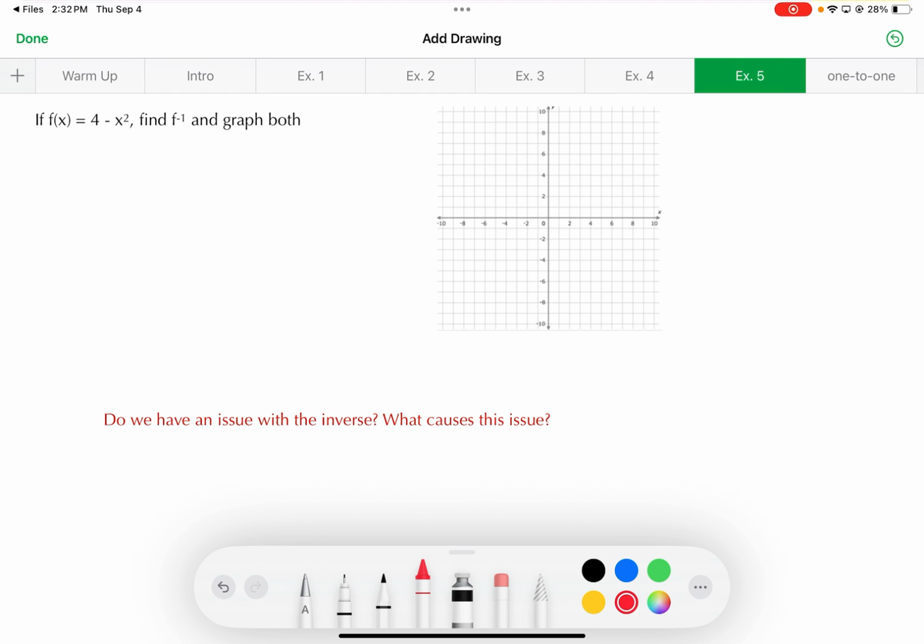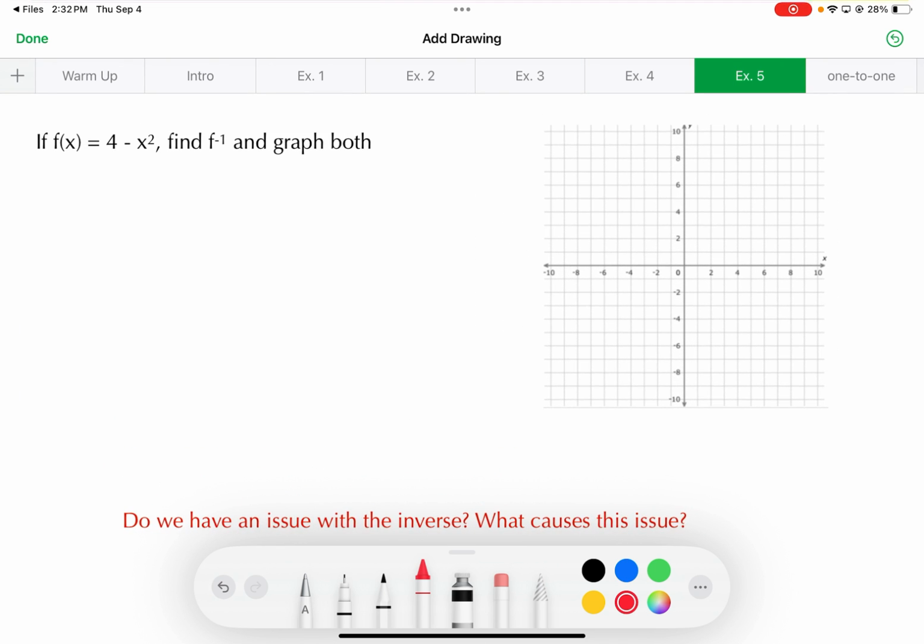All right, one final one. We've got to kind of hustle here. f equals 4 minus x squared. That's a parabola.